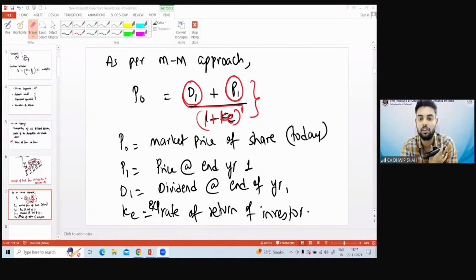KE is the cost of equity of the company, correct? Whatever the equity shareholders expect from the company is income or return to them individually, but cost to the company, obviously.